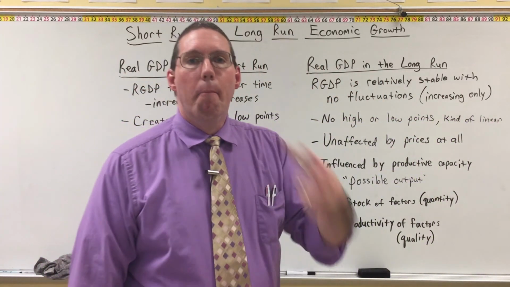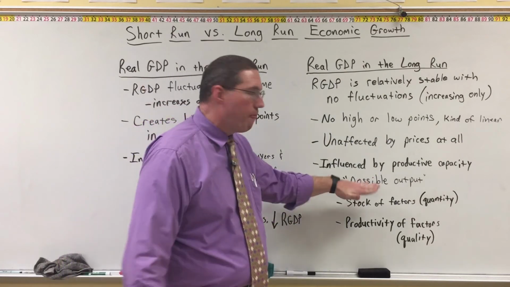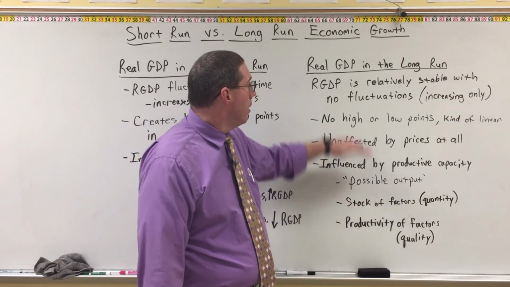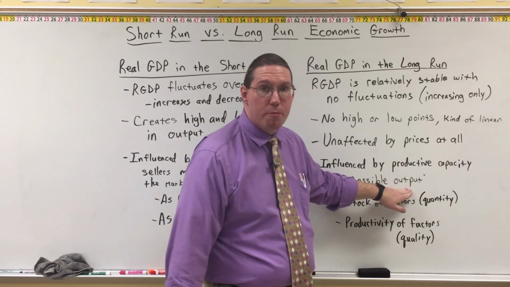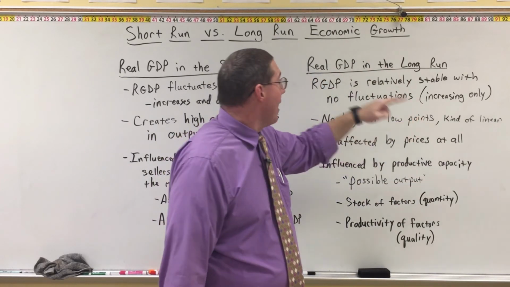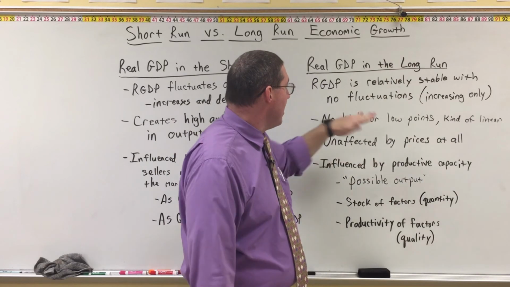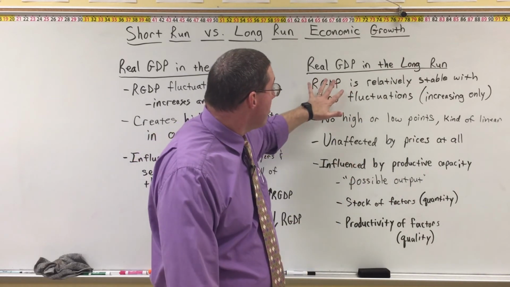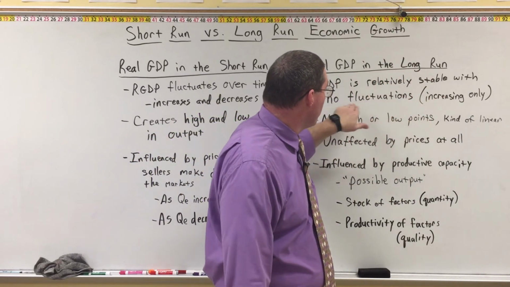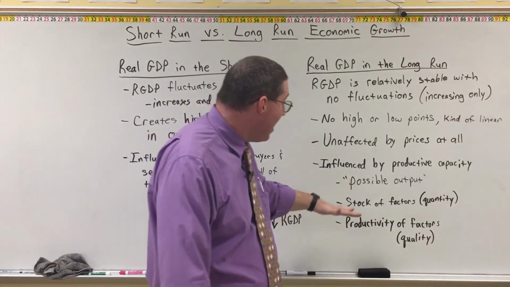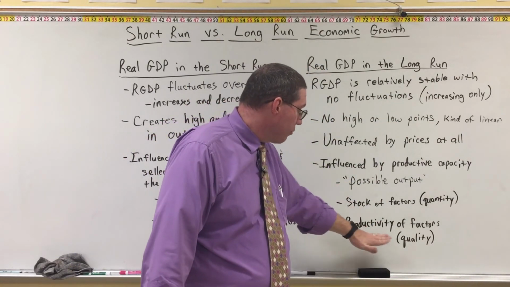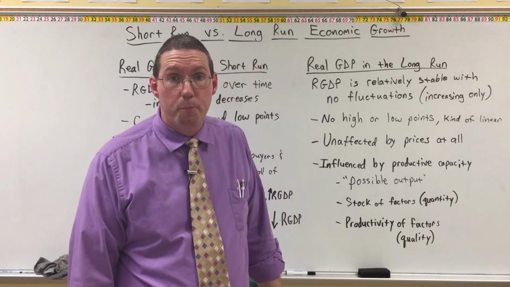When we can get more out of the same factors of production, our productive capacity, our possible output goes up, and real GDP in the long run increases. And that's why real GDP is relatively stable with no fluctuations: we really don't have many fluctuations in our stock of factors and the productivity of our factors.